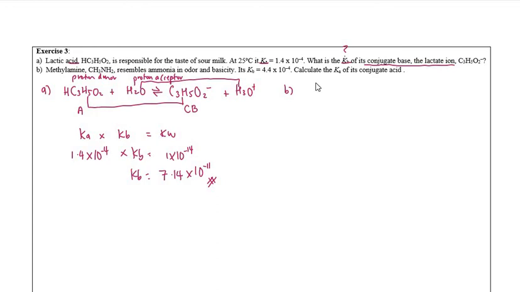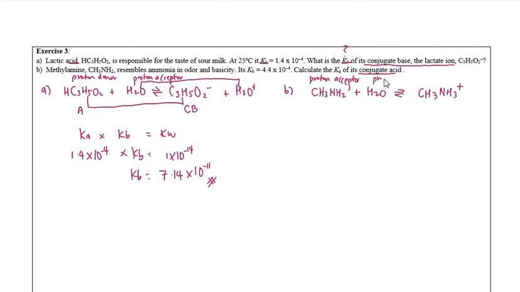Okay, how about B here? Methylamine resembles ammonia in odor and basicity. Calculate Ka of its conjugate acid. Okay, so conjugate acid. Why? If I write the base dissociation, CH3NH2 reacts with H2O and dissociates, becoming CH3NH3 plus. This is your base, and a base is a proton acceptor. So it becomes CH3NH3 plus, getting one more H plus here.